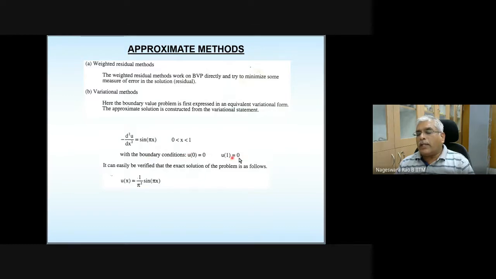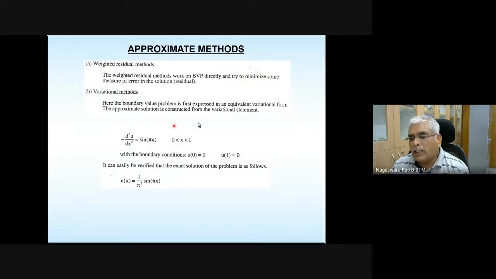Based on the thumb rule that you noted, both of these boundary conditions are essential boundary conditions. It's not necessary that one should be essential and one natural. Both can be essential boundary conditions, as in this particular problem.